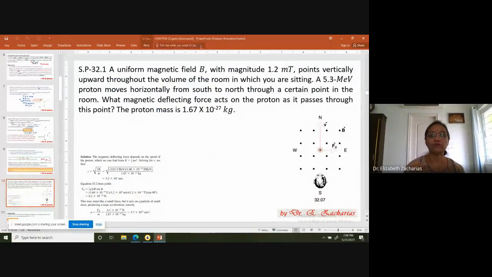Okay, so let me just quickly write again. So what all did I write? I wrote Q is equal to 1.6 into 10 to the power of minus 19 coulomb.